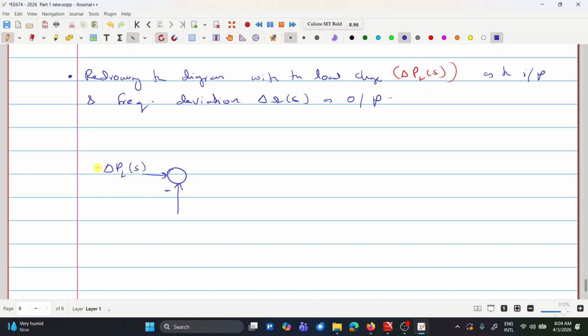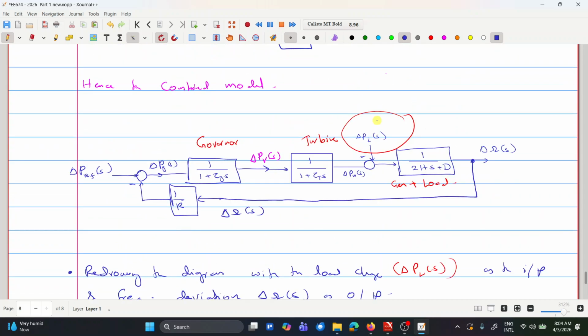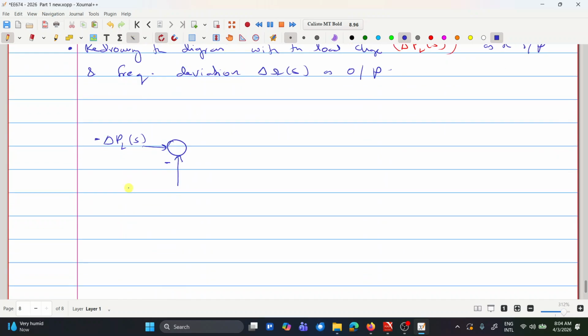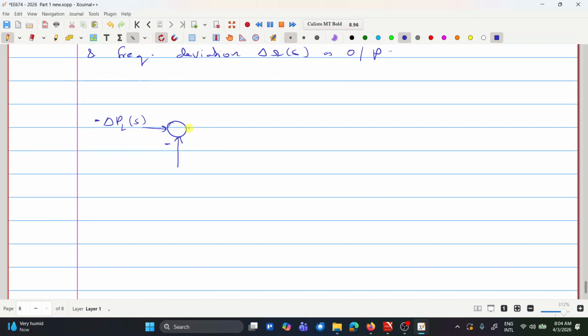So you can try to derive this by the block diagram simplification methods, right? Because there is a minus here, we will get the minus delta PL(s), right?